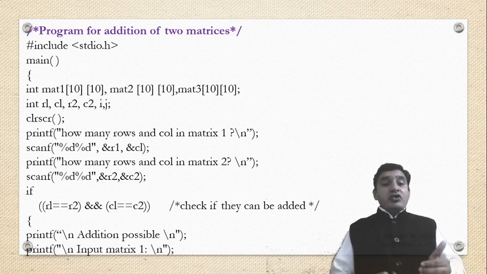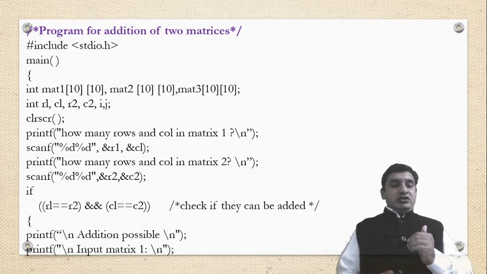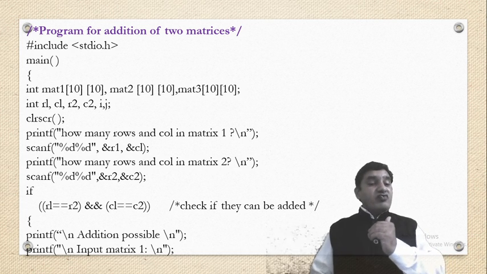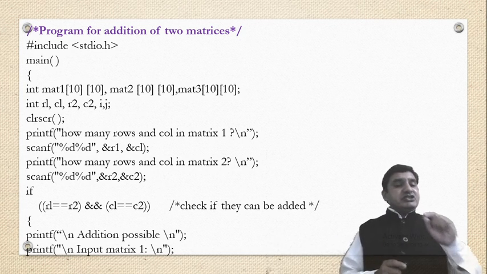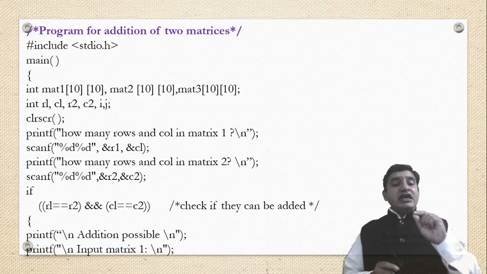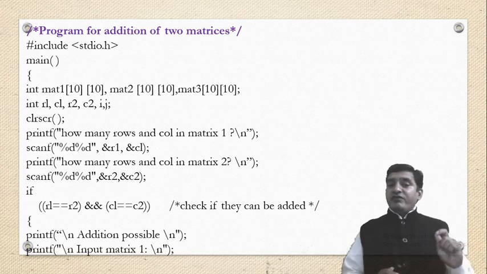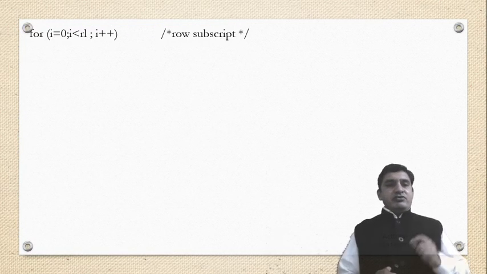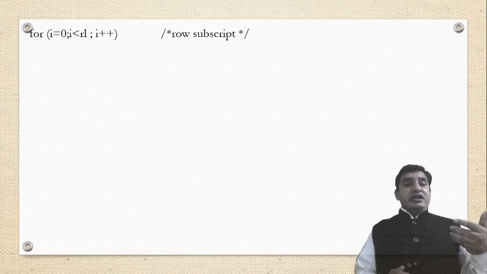Okay, now we have to enter the input matrix 1. For that, the message displayed on the screen is input matrix 1, using the printf function. Now we have to enter matrix 1.